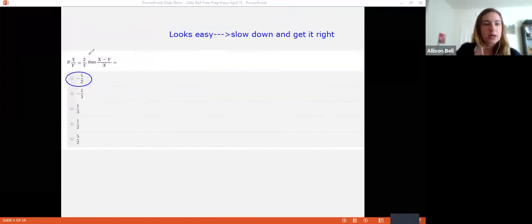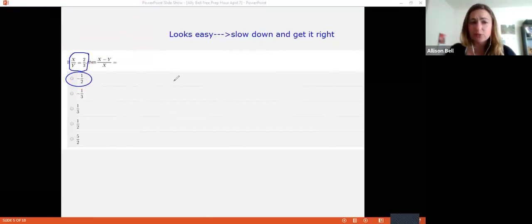All right, so this one is pretty straightforward. If we look at our initial fraction, x over y equals 2/3, we're basically being given a ratio. So it is possible that the literal value of x or y could be something different than 2 and 3, but 2 and 3 should work.